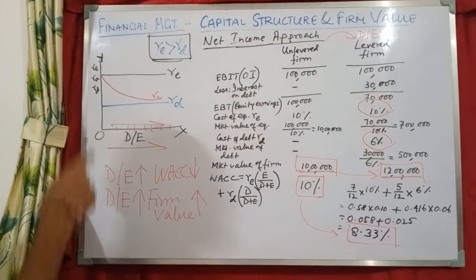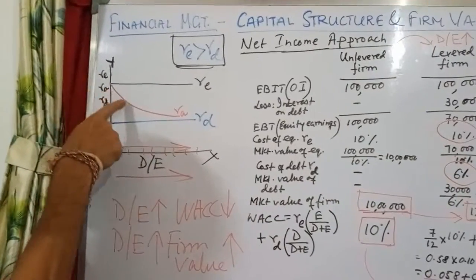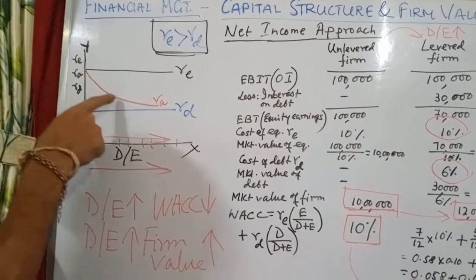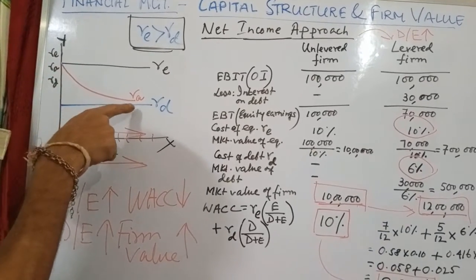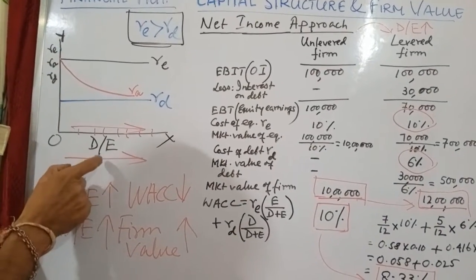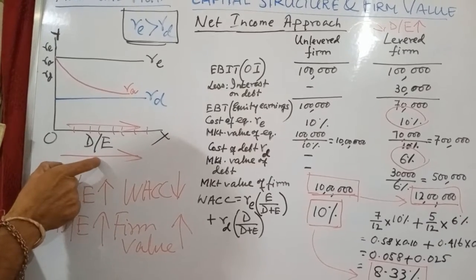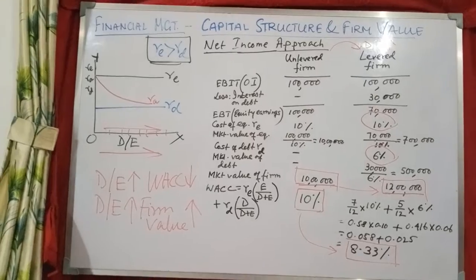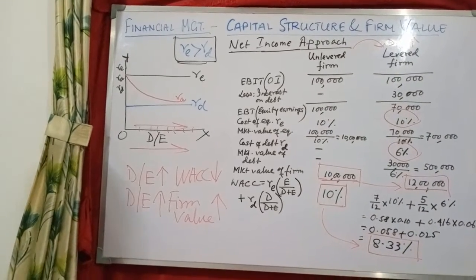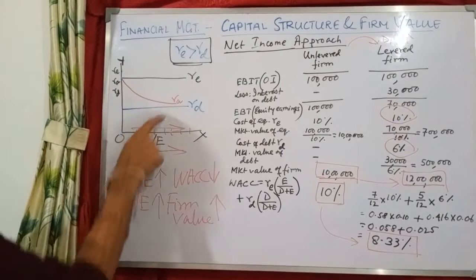And we see RA, which is weighted average cost of capital, coming down towards RD, cost of debt, as the debt equity ratio of the firm is increased. That is, as the proportion of debt in the capital structure of the firm is increased, the weighted average cost of capital comes down.